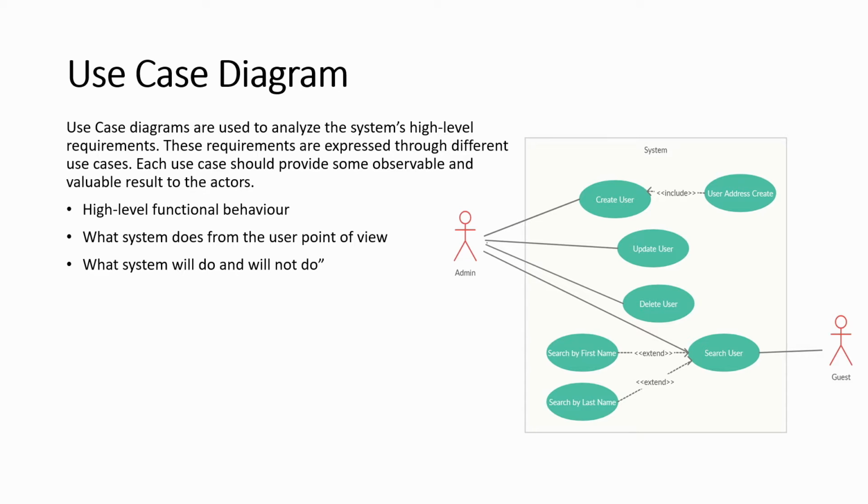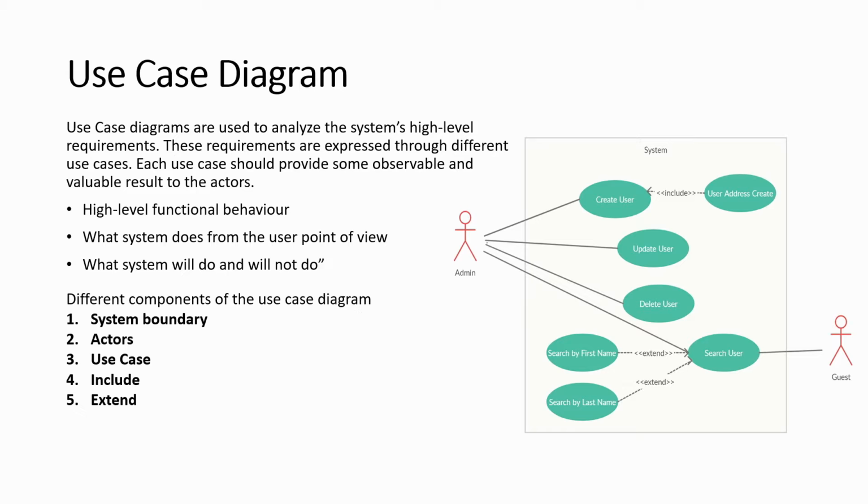All right, so here are some of the terminologies in the use case diagram we should understand. First, what is a system boundary? Here, the box that we drew is your system boundary. Whatever is outside this system boundary will not be in scope. And what is an actor? Who is using this system, who all could use this system?